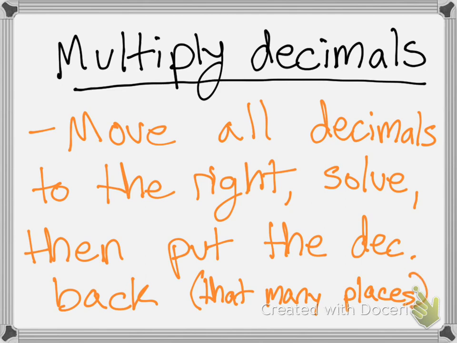Okay, then put the decimals back that many places. So once again, that's our only rule when dealing with multiplying decimals. So far, our rules have been pretty easy.